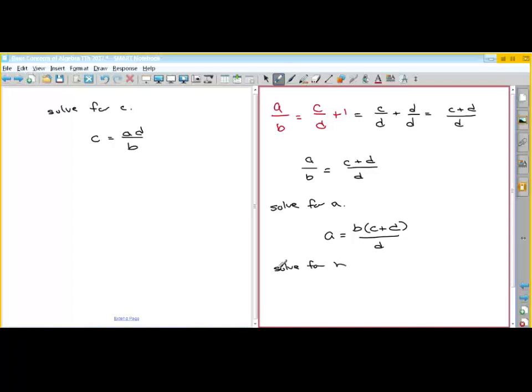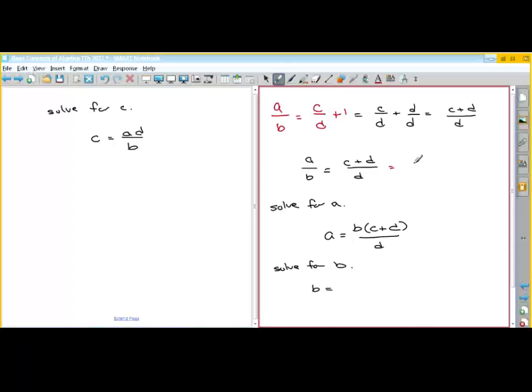If I wanted to solve for B, I'd say, okay, to solve for B, I need it in the numerator. So I'm going to move this to the numerator. So I'm going to move that over here. Let me just explain.